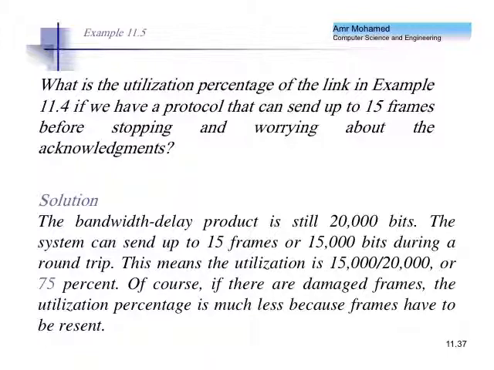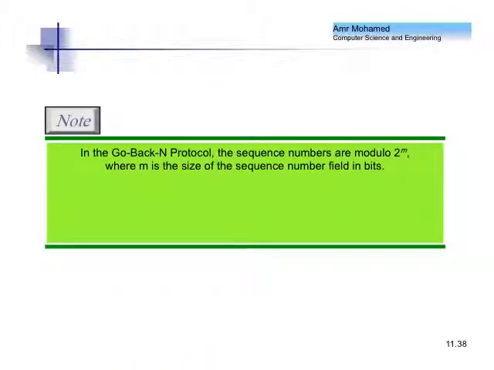In that case, we can utilize the channel in a lot more efficient way, right? So that's exactly the motivation for the technique Go-Back-N protocol. So Go-Back-N protocol does not require acknowledgement for each single frame.